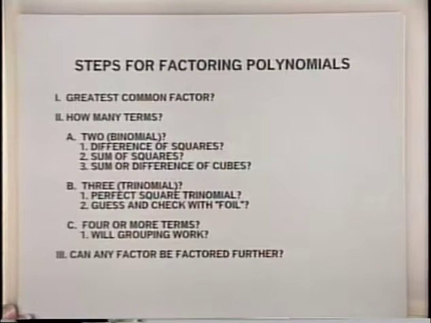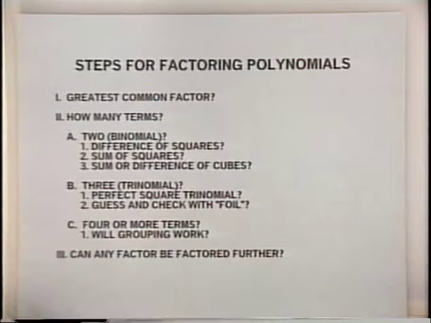The reason we want to check this first is because it is very easy to check for, and if it is a perfect square trinomial, then we will have the factors. If it is not, then we can very quickly rule that out and go on to step number 2, which is to try our guess and check with FOIL.